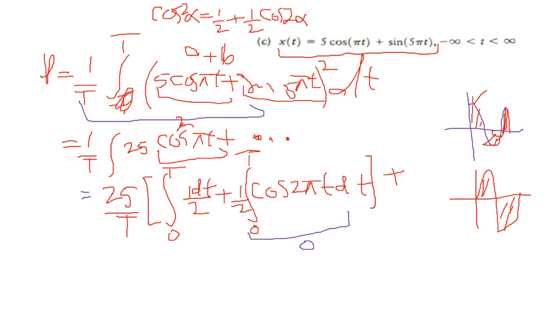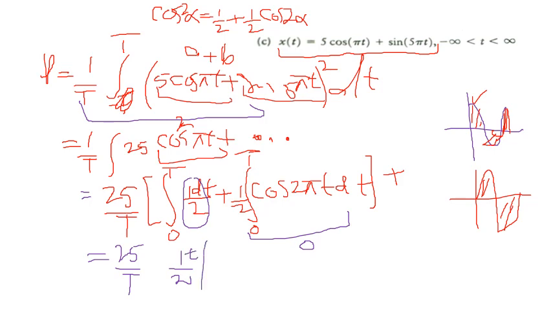Okay, so I'll leave it up to here, or if you want I can solve up to the first term. It will result into 25 by T, and the integration of 1 by 2 will be 1 by 2 t, right?